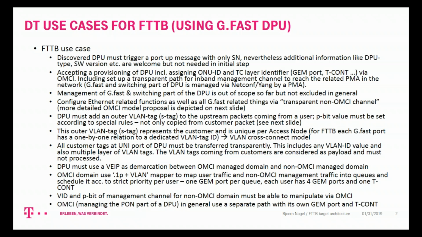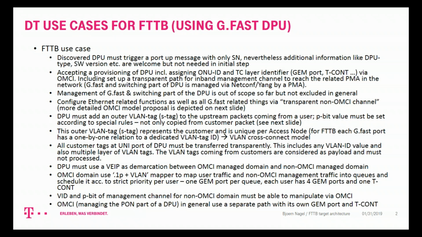After that is discovered, the DPU will be accepted by our management framework, and the DPU will be provisioned, at least on the PON layer. That includes the assigning of ONU ID and assigning of alloc ID, and gem ports and all these TC layer stuff. And that will be done via OMCI.